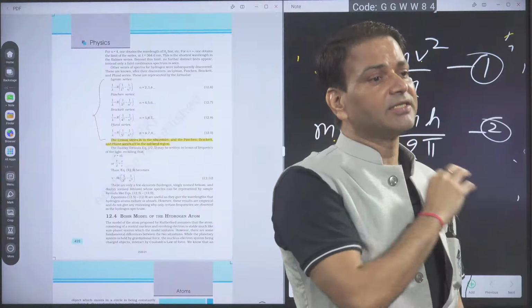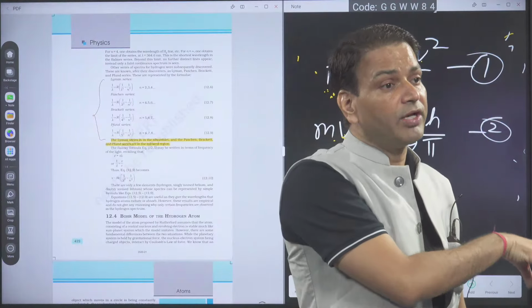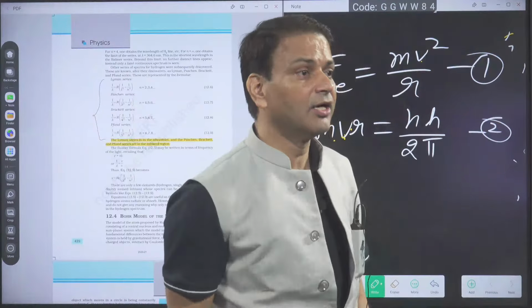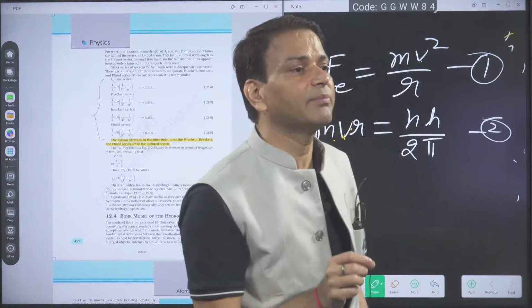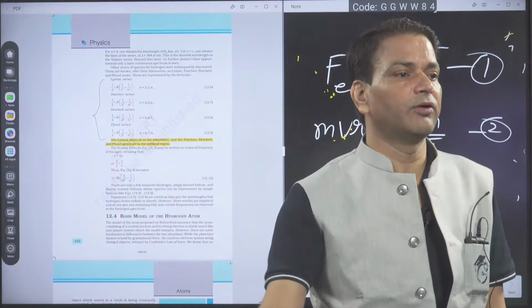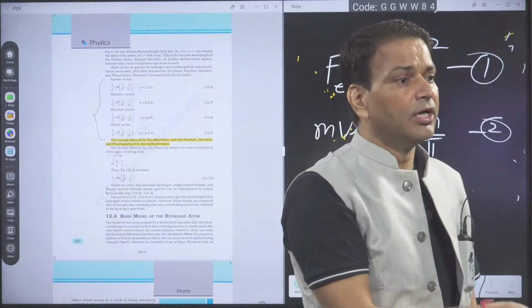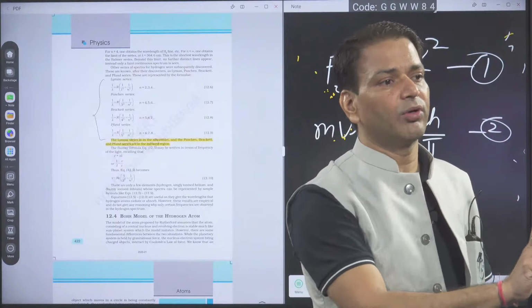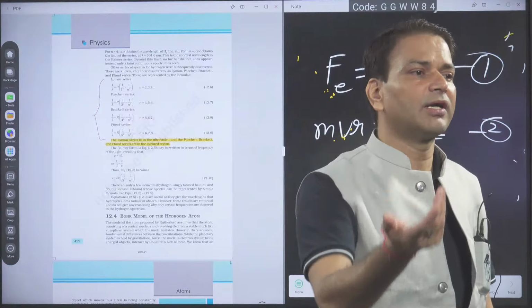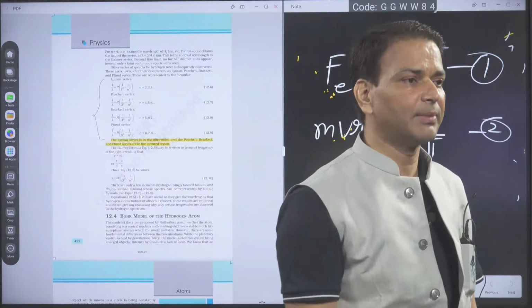What is the minimum energy in Lyman? 10.2. So the minimum energy of Lyman is more than the maximum energy of Balmer. Can any photon energy be equal in Lyman and Balmer? No. Balmer maximum is 3.4 and Lyman minimum is 10.2. Since energy is not equal, and lambda in angstrom is 12,400 upon energy in eV, how can the lambda be equal?